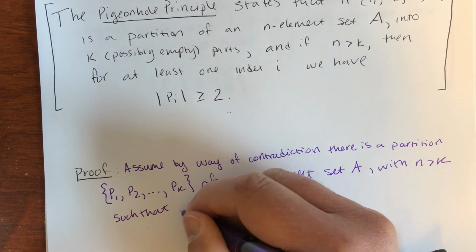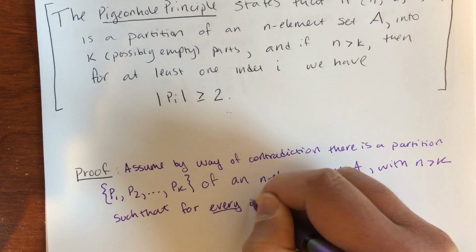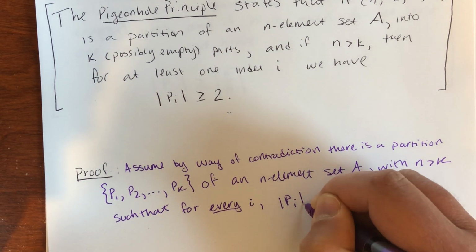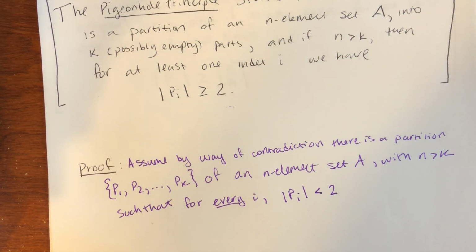In other words, such that for every possible i, we have the cardinality of Pi is strictly less than 2.